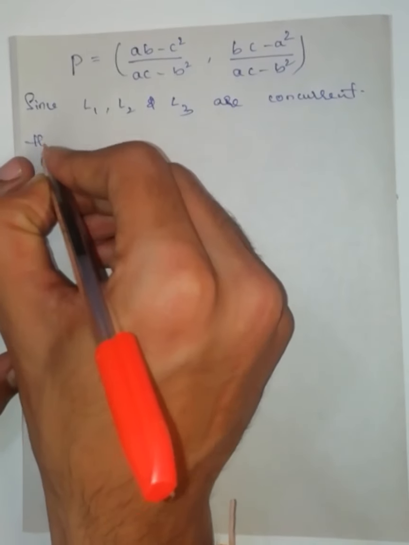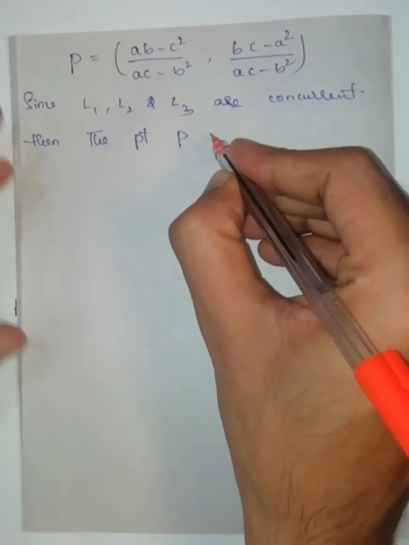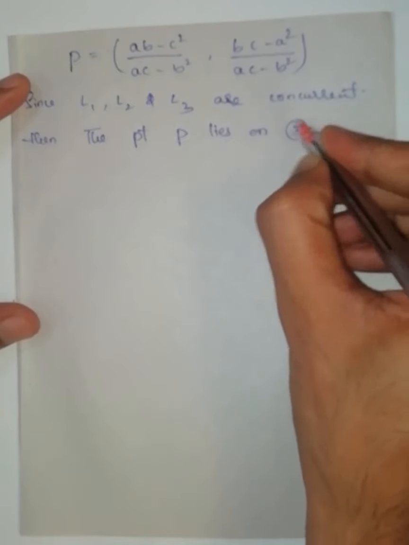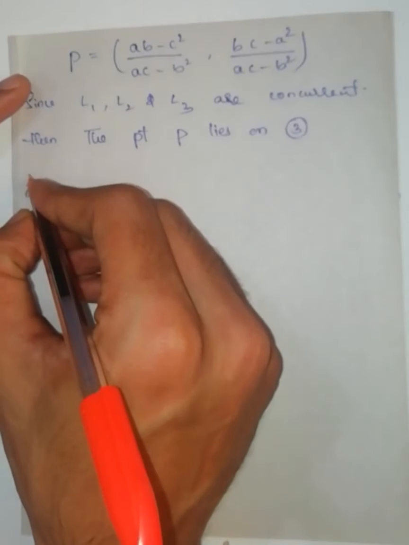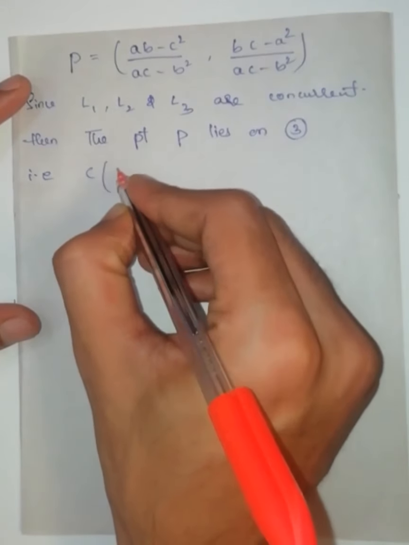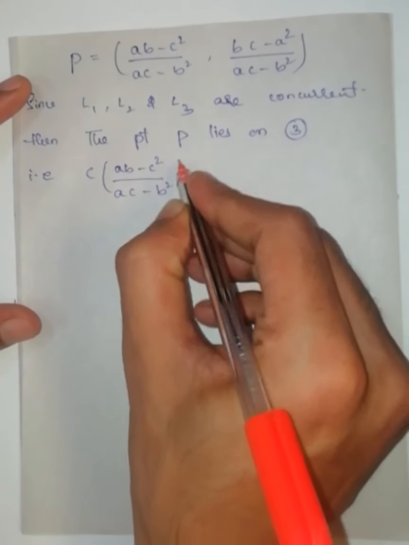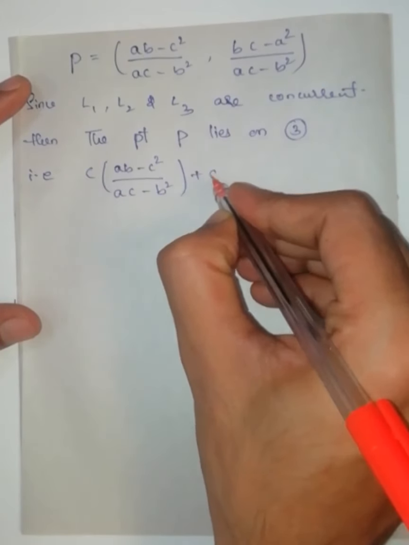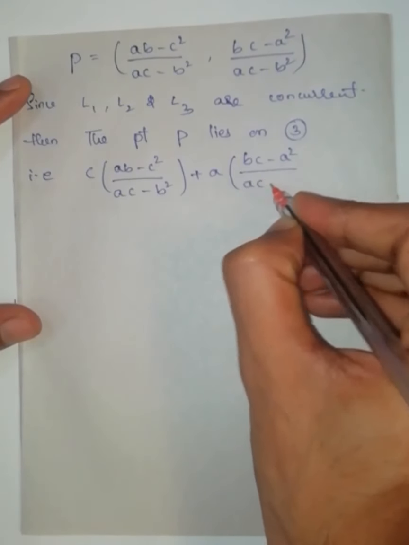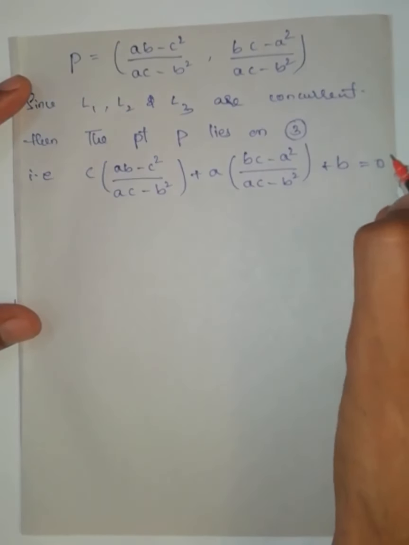Then the point P lies on equation number 3. That is, what is equation number 3? Substitute in that one, C into AB minus C square by AC minus B square plus A into BC minus A square by AC minus B square plus B is equal to 0.